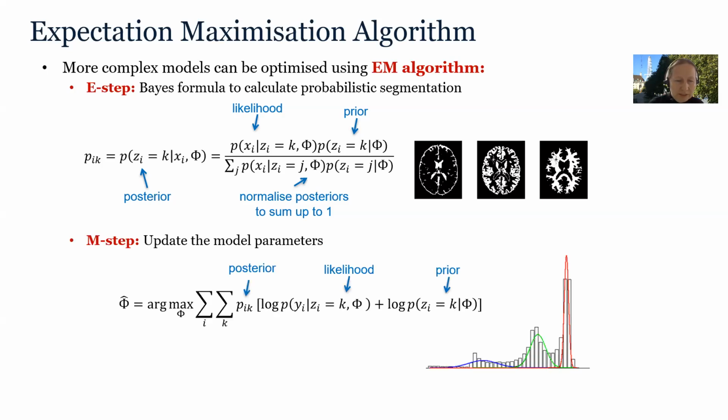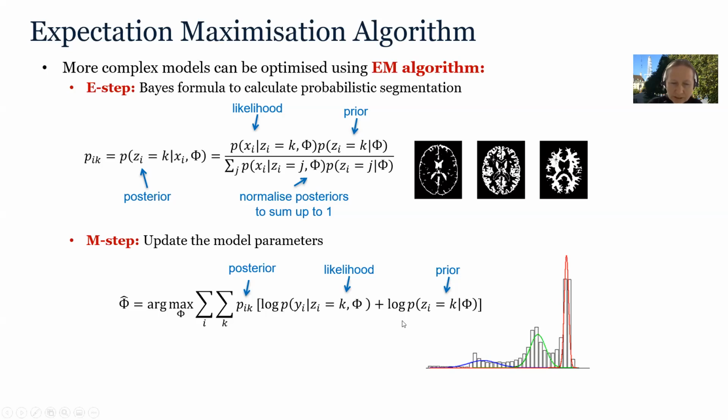In the M step, or maximization step, we then update the model parameters. We do that by maximizing this criterion. You see that in this criterion, we need to use the posterior probabilities, the likelihoods for each class, and the prior probabilities for each class.